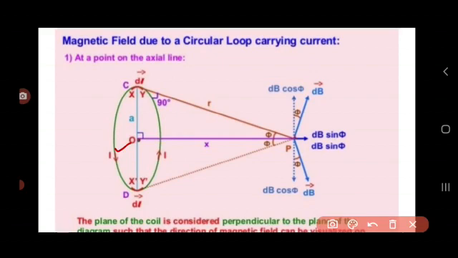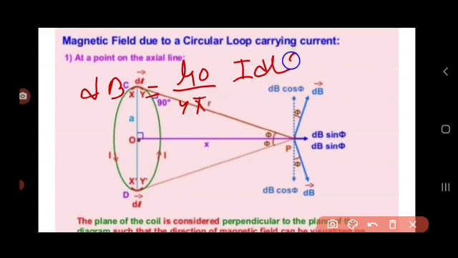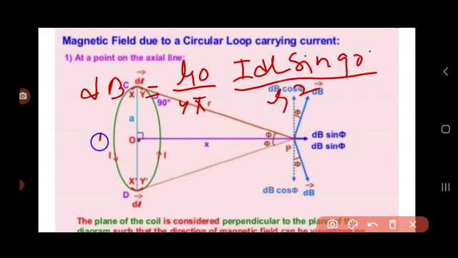As we know that sin 90 is equal to 1, so dB is equal to mu naught by 4 pi, I dl by r squared. So we get the same magnitude of magnetic field at P due to the current element at D, mu naught by 4 pi I dl by r squared. So dB is equal to dB dash, right?